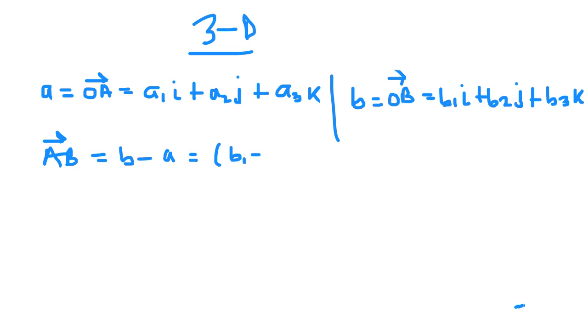For 2 coordinates, we only stopped at j. So here we're going to go on to k. So it's B2 minus A2 j, and then plus B3 minus A3 k.